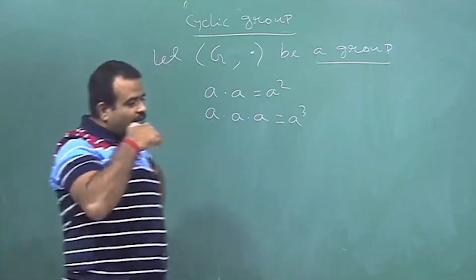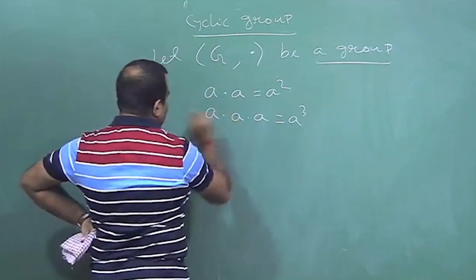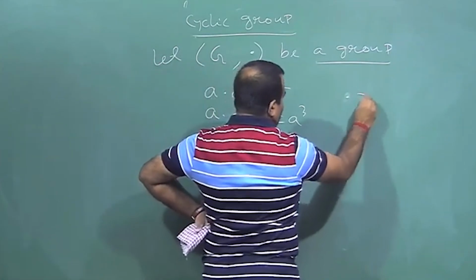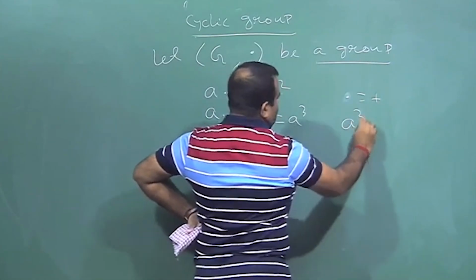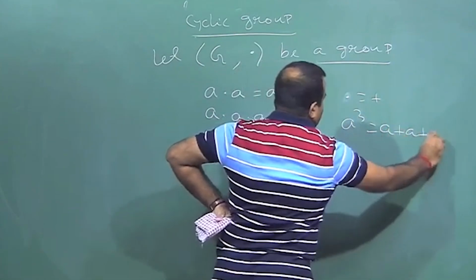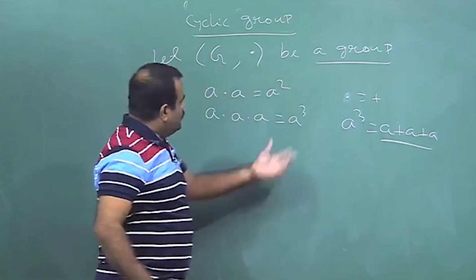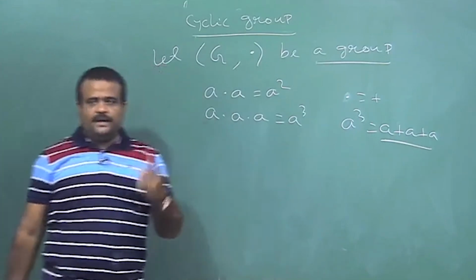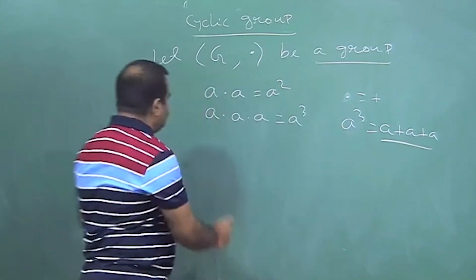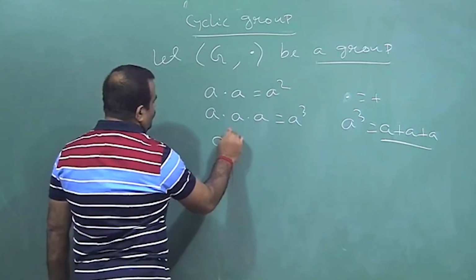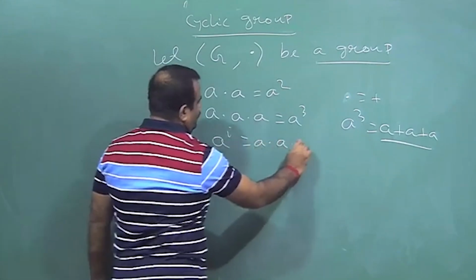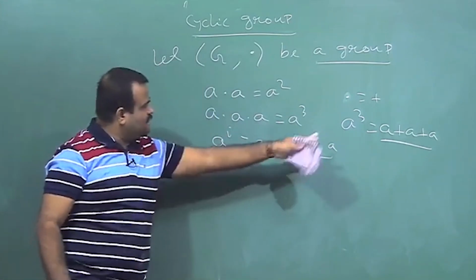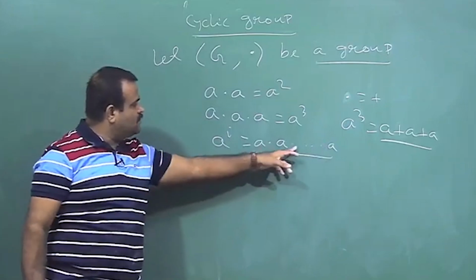This is in the multiplicative sense, but if the operator is plus, then a cube is basically a plus a plus a. This is just the symbol, telling us we operate a 3 times. So, a to the power i is basically a dot a operated i times. If it is in the plus sense, it is plus; if it is multiplicative, it is multiplication.